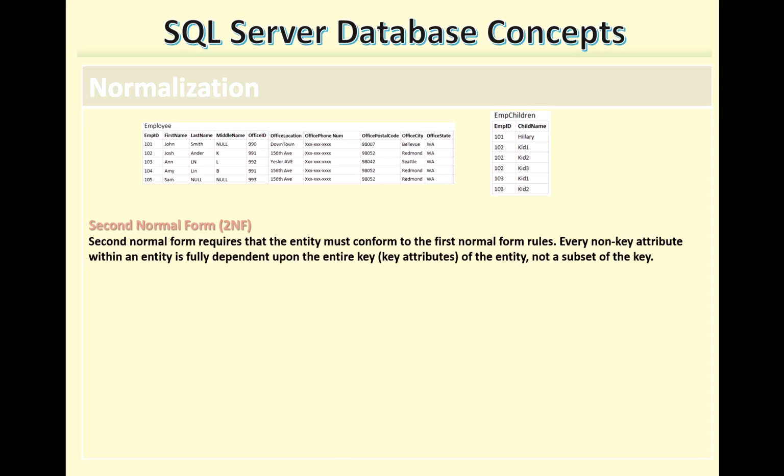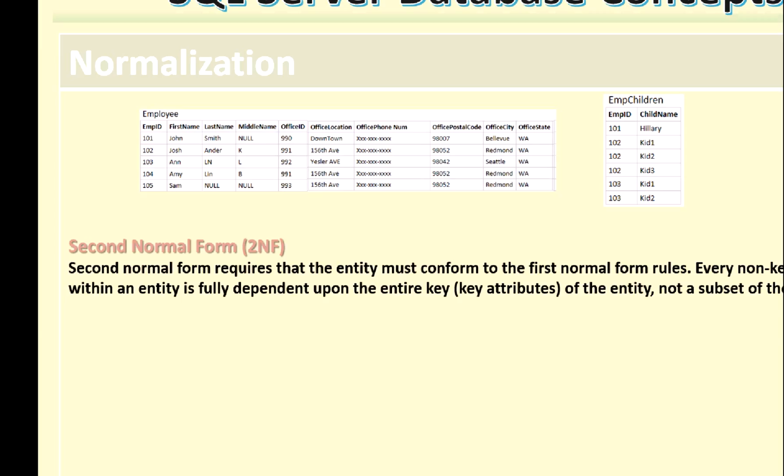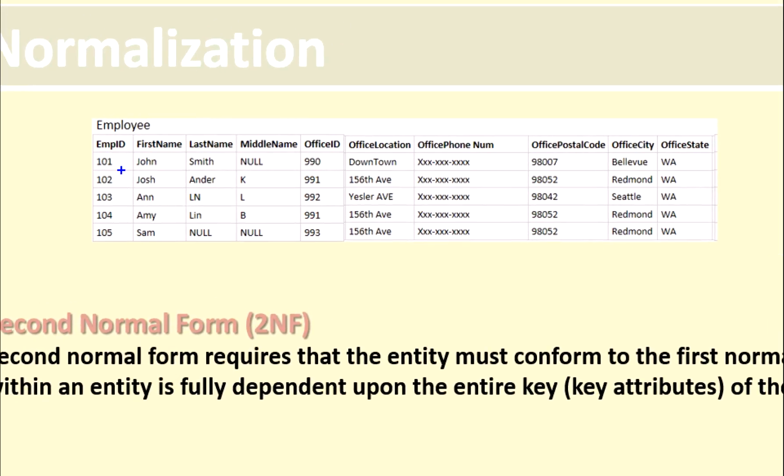A key is a column that represents the whole record. For example, employee ID 101 represents this whole record, and 103 represents this whole record. So employee ID is a primary key, or a whole key, or the entire key. Okay, so what does it say?